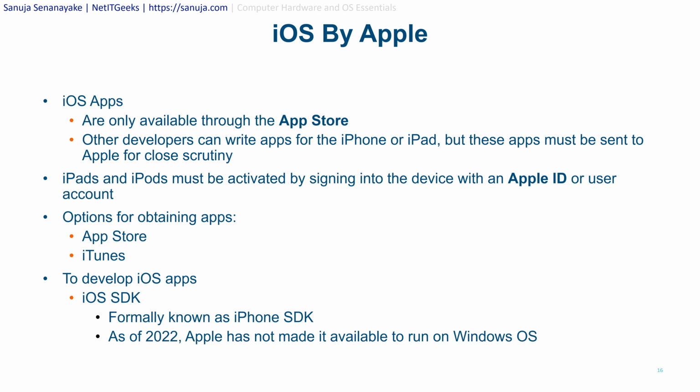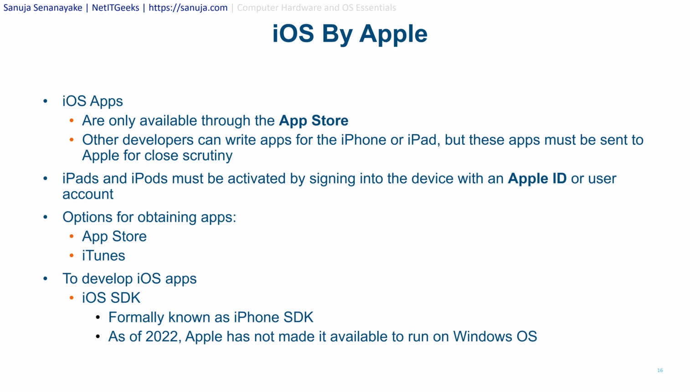To develop iOS apps, you can download the iOS Software Development Kit, or SDK, that used to be known as the iPhone SDK, which later Apple changed to iOS SDK, as iOS is used not only on iPhones but also on iPod Touch as well as the iPads. As of 2022, however, Apple has not made it available to run on Windows operating system.